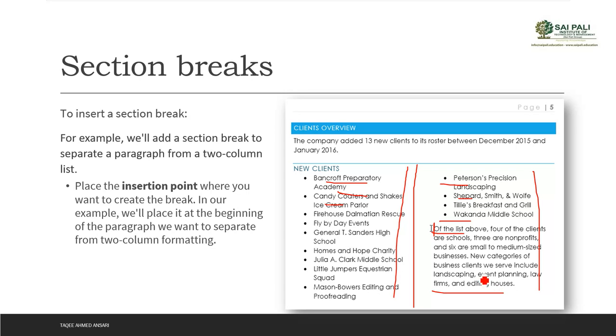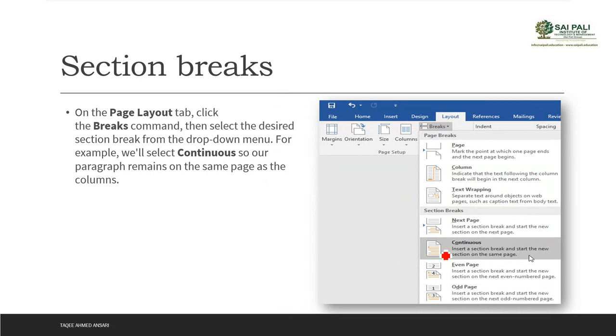So I put my insertion point here where I want to break, then I go to Page Layout, and in Page Setup I go to Breaks, and here I have the section break options: next page, continuous, even page, odd page. Now in my case I want continuous, which means I don't want to start from a new page. I want to stay on the same page, but break the section so that I can use different formatting.